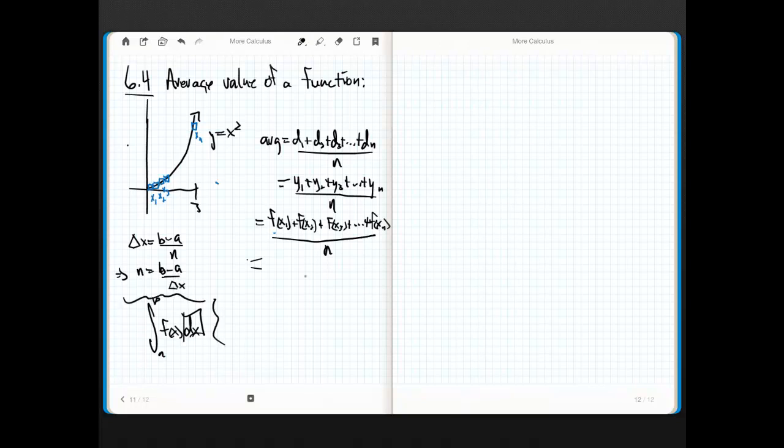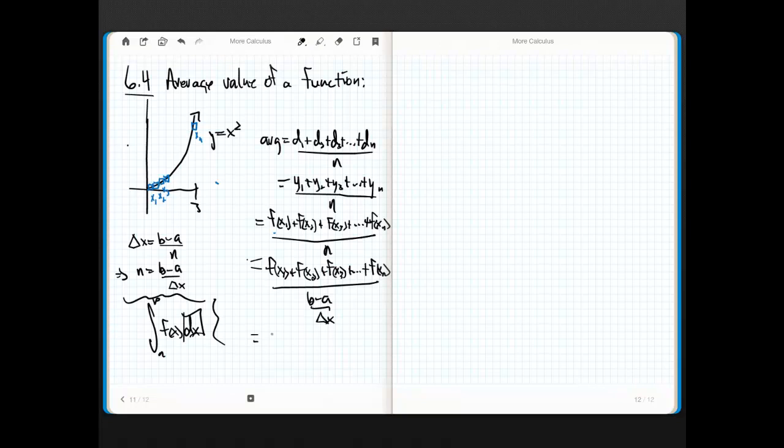You agree? So in other words, I can rewrite this as f of x sub 1 plus f of x sub 2 plus f of x sub 3 plus dot, dot, dot, plus f of x sub n, divided by b minus a divided by delta x. So think of b minus a divided by delta x as being its own fraction.